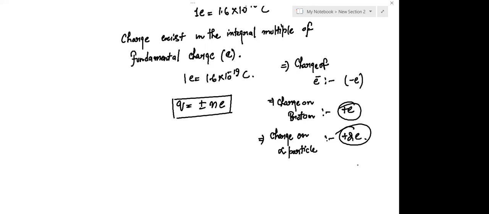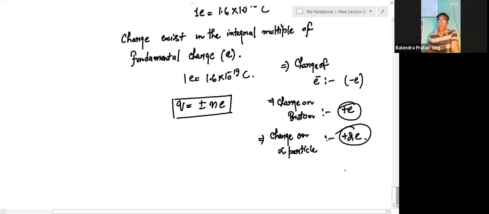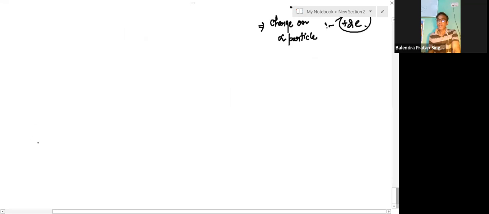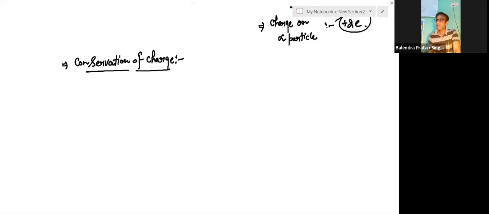Yes, sir. Clear. Okay, so now let's go to another property, which is conservation of charge. This property is the same as conservation of mass. Conservation of charge means we can't create any charge.